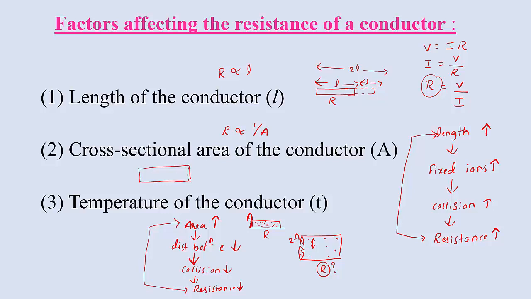That means we are supplying heat energy to these free electrons so that all the electrons get more energy and start to vibrate about their mean position. During their vibration there will be more collision. When there is more collision, there will be more opposition because the velocity of the moving electron decreases.